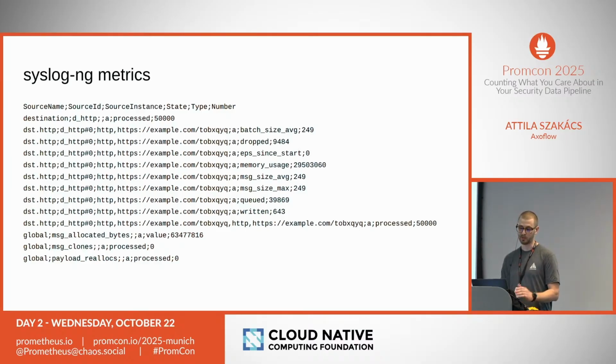But they tell about the behavior of syslog-ng itself, nothing about the logs. So we can see that we have queued and written metrics at the HTTP destination, but we don't know what kind of logs were queued or written. We just know some of them.